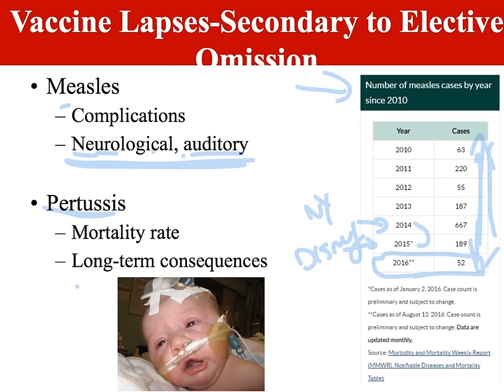So this is an image of an infant with pertussis, and one of the most tragic things to me is to see a patient's parent think they've made a healthy and good decision for their child, and then lose their child to pertussis.